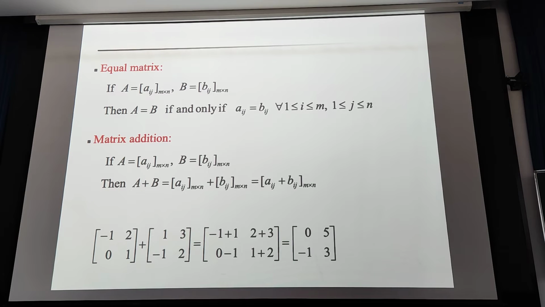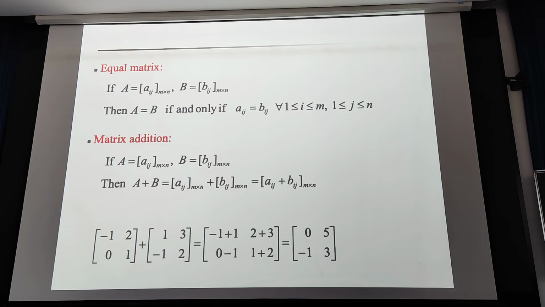It is here. And whenever we have that, we can define the matrix addition. We can add two matrices A and B if and only if A and B are of the same size. Then A plus B equals that.